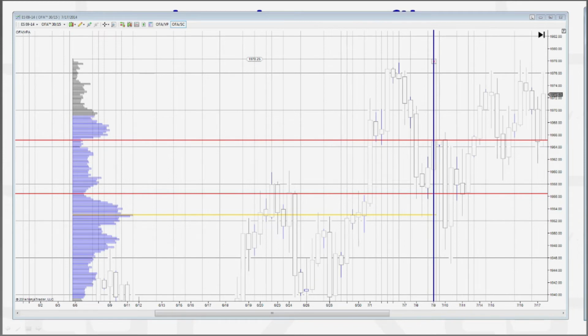Instead of going, man, I hope this continues, you can make a conscious decision and say, okay, I would expect a pullback. I'm going to take 2 off, and I'll look for a pullback to this area. If it continues, I could add 1 or 2 contracts back into this trade. My ultimate target is this. So you can start making decisions to take your profit, minimize your risk, and give yourself a much better chance of achieving that objective for the day.